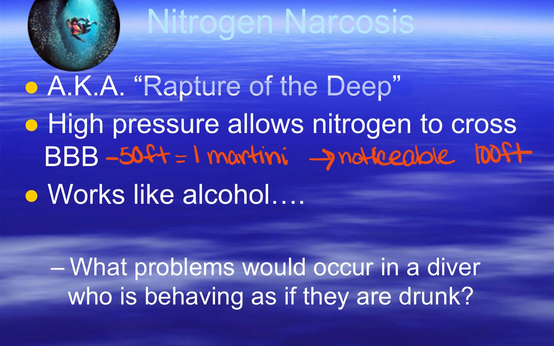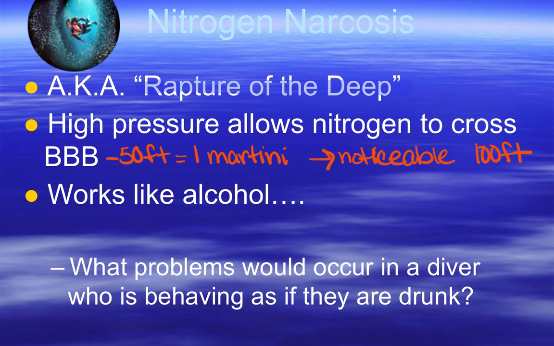So think about why this can be extremely dangerous. We are 100 plus feet underwater, and all of a sudden we have nitrogen crossing the blood-brain barrier. So people start to get euphoric, they can become disoriented, they can lose balance and have vision changes, slow reaction time. And then, so they're feeling tipsy.